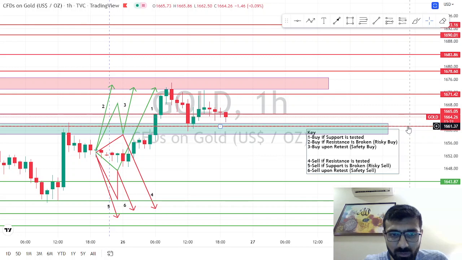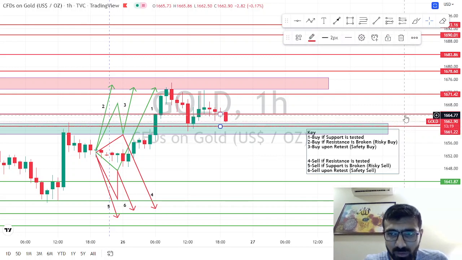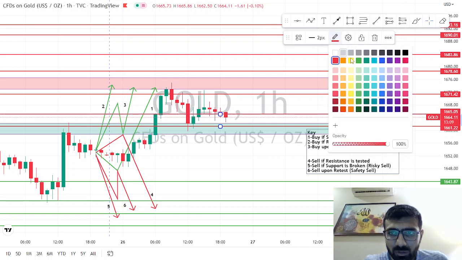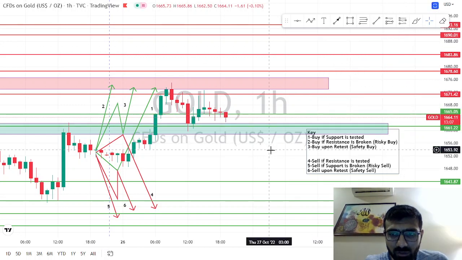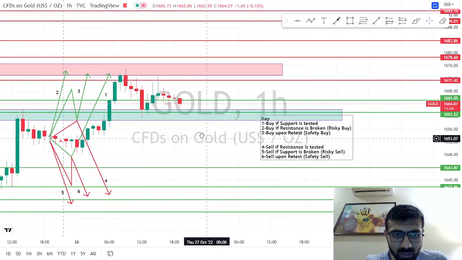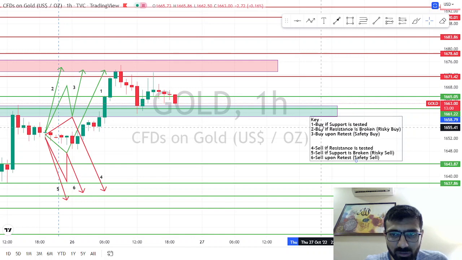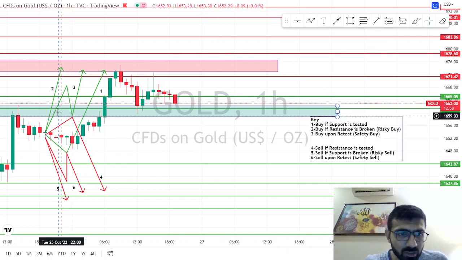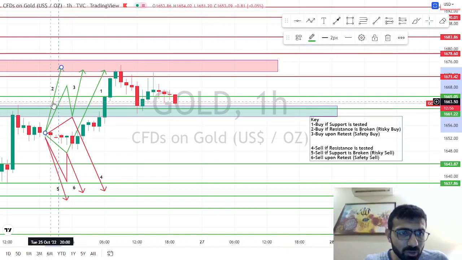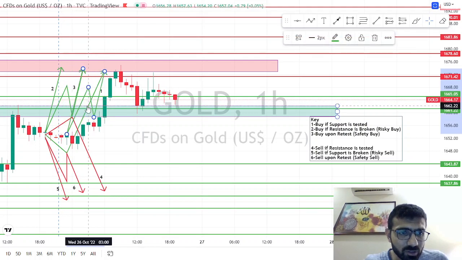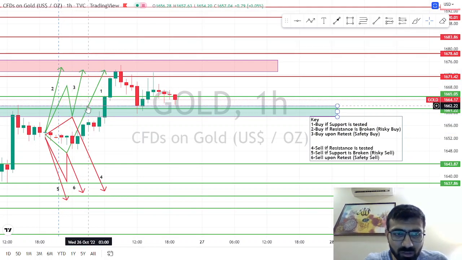Okay, so now let me mark these. These two levels are now going to act as an area of support, and this key is going to remain as it is.